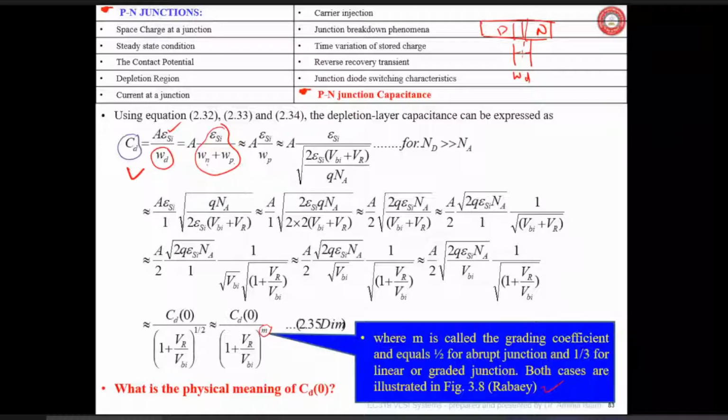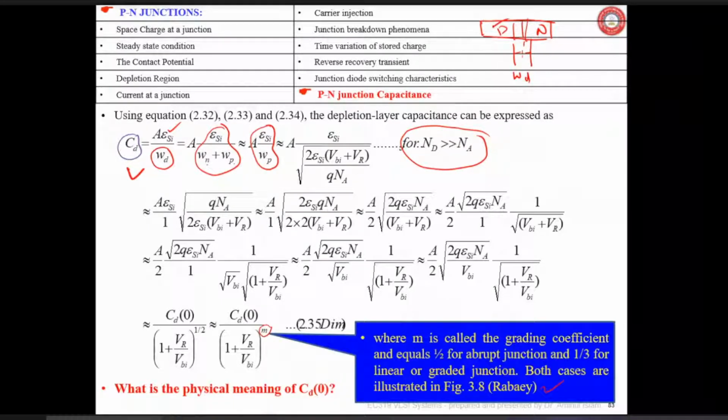It can be approximated as A into epsilon Si by WP for ND much greater than NA. Which case is that? This will be the case for the bottom plate, possibly. At the bottom you have the substrate, and there is no channel stop. Side walls are a little different because you may have the channel stop, which is N plus type.